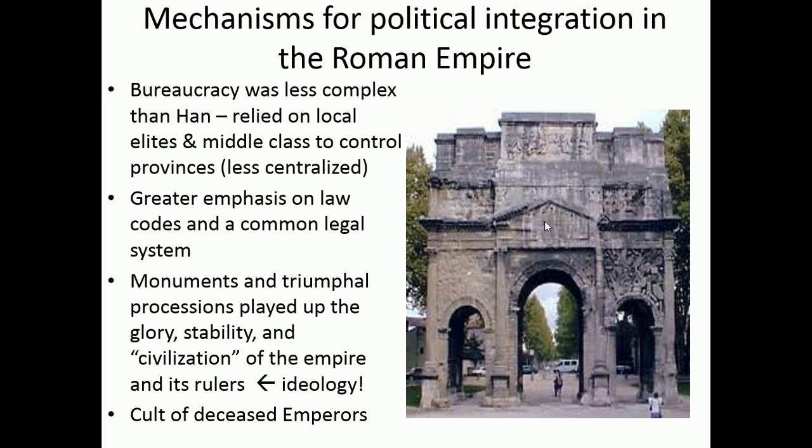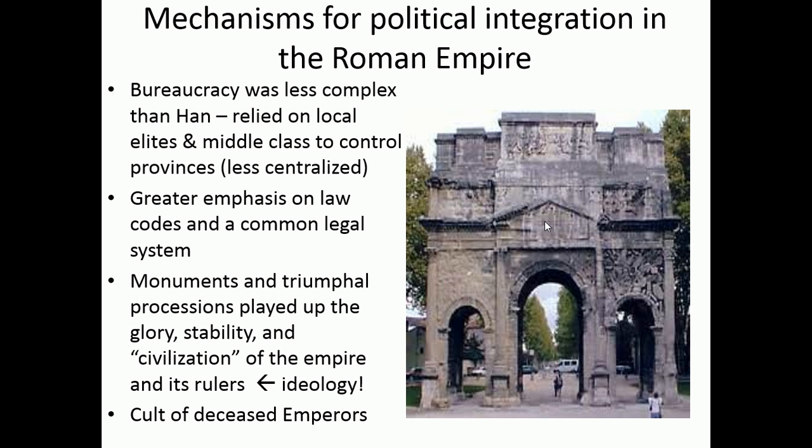Rome had a much less complex bureaucracy than the Han did. There was no really centralized control over their bureaucracy. Instead, when Rome conquered an area, it usually looked to assimilate the elites who were already there and create out of those elites a new middle class bureaucracy.